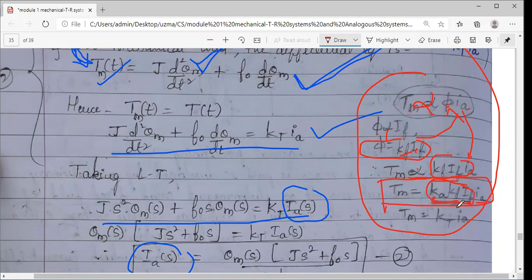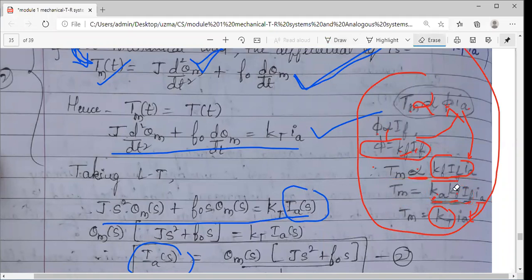So I will club these three things together and take one constant KT, because K and KF are both proportionality constants and IF is a constant current. So I have taken KT, and IA as usual. This is for the armature controlled DC motor.